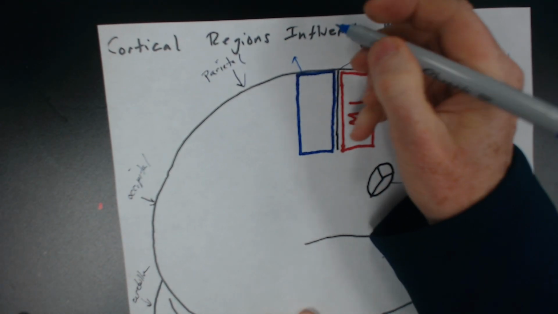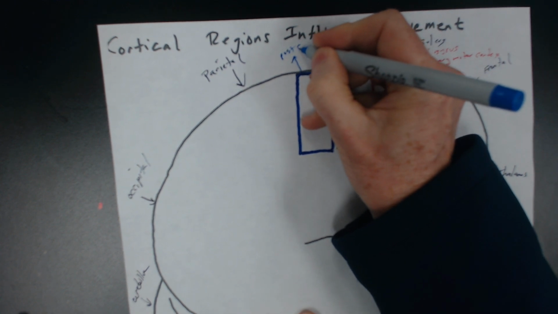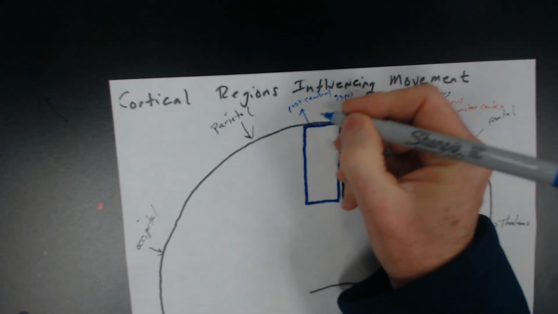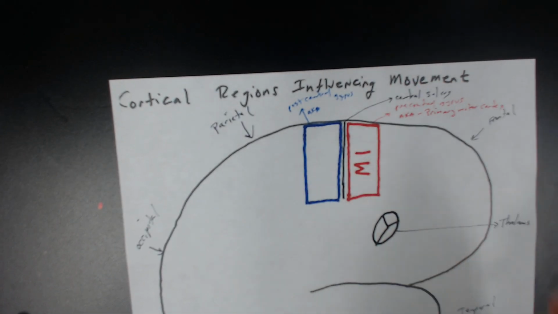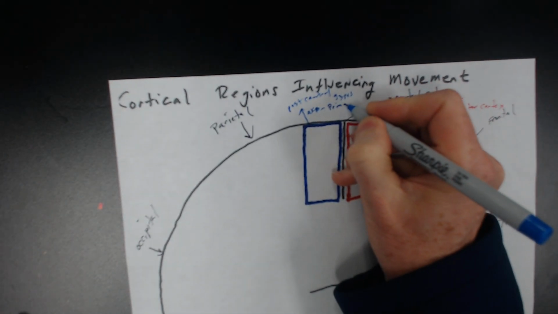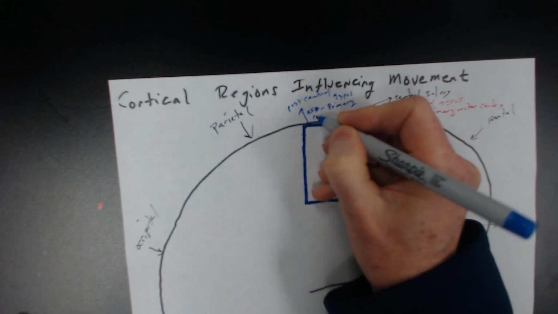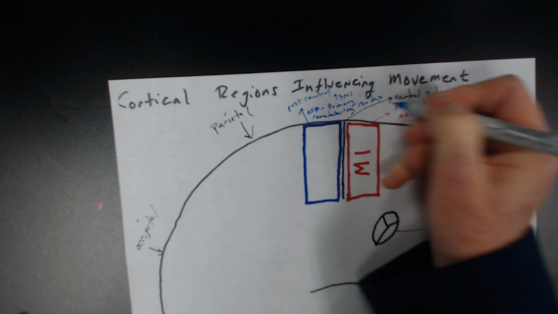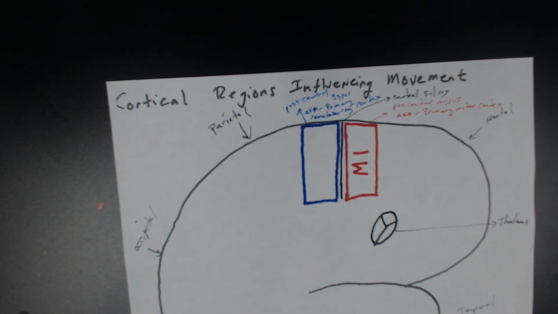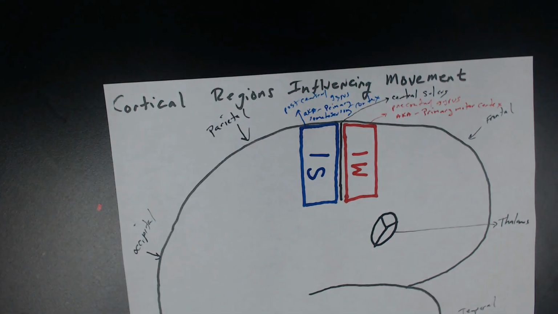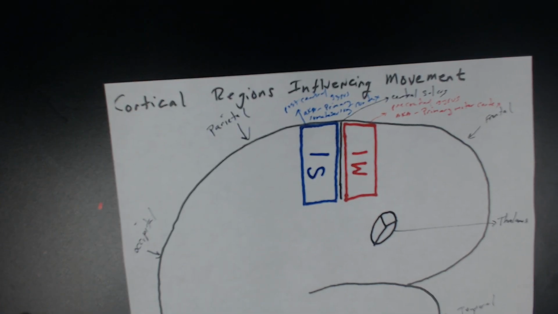This is your postcentral gyrus, also known as primary somatosensory cortex, right? So nothing new quite yet, except now we're also going to refer to it as S1. So primary somatosensory cortex, you can abbreviate that as S1.